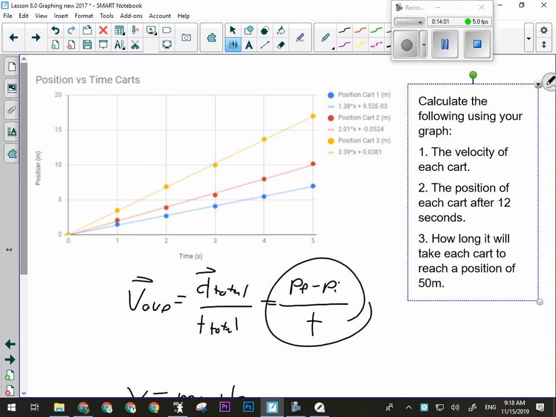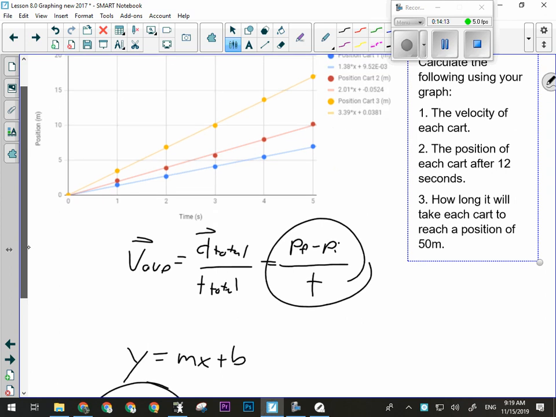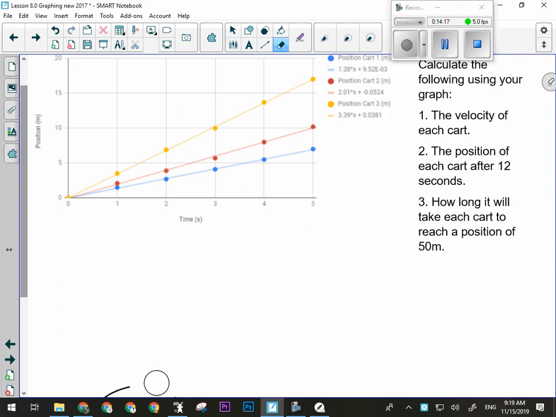All right. The position of each cart after 12 seconds. Am I solving for an x or a y there? y. Position's on the y-axis. So we want to find the position of each cart after 12 seconds. I'm just going to erase this stuff here. We'll do that calculation right here.